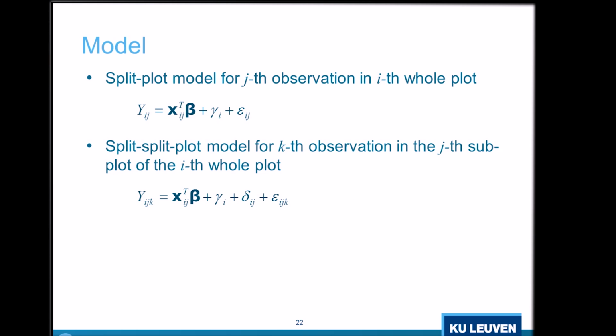And likewise, we have a gamma i in the split-split-plot model to capture the similarity of all responses collected in the ith whole plot. And on top of that, we also have a delta ij, which describes that all observations in the jth subplot of the ith whole plot are also similar.